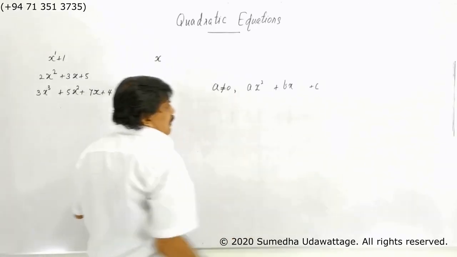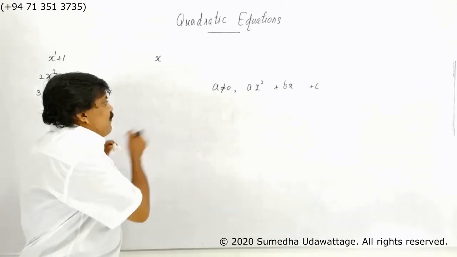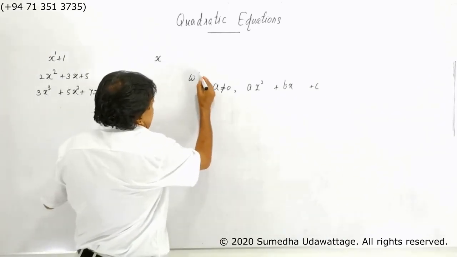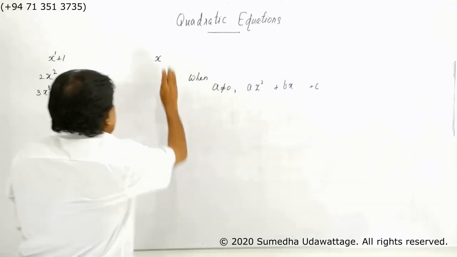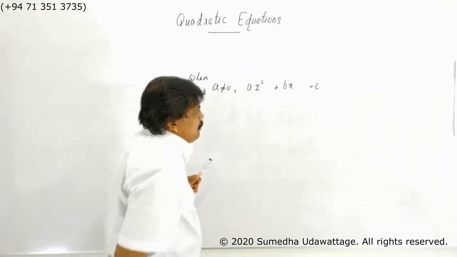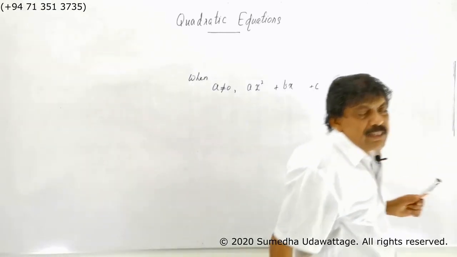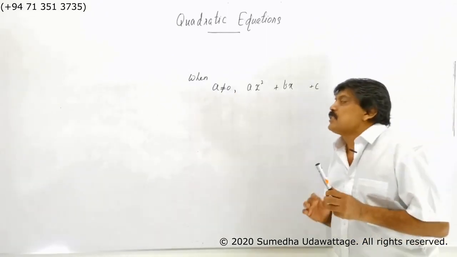If you are writing a note for yourself, say when a is not equal to 0, ax square plus bx plus c denotes a general form for a quadratic expression.